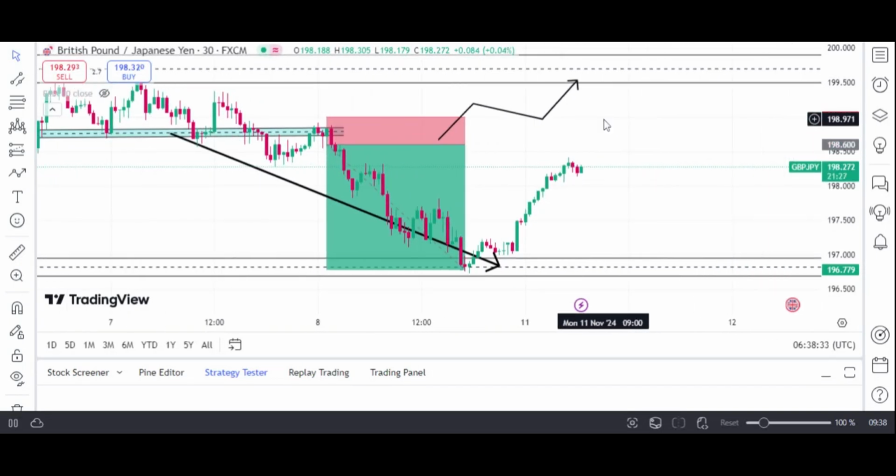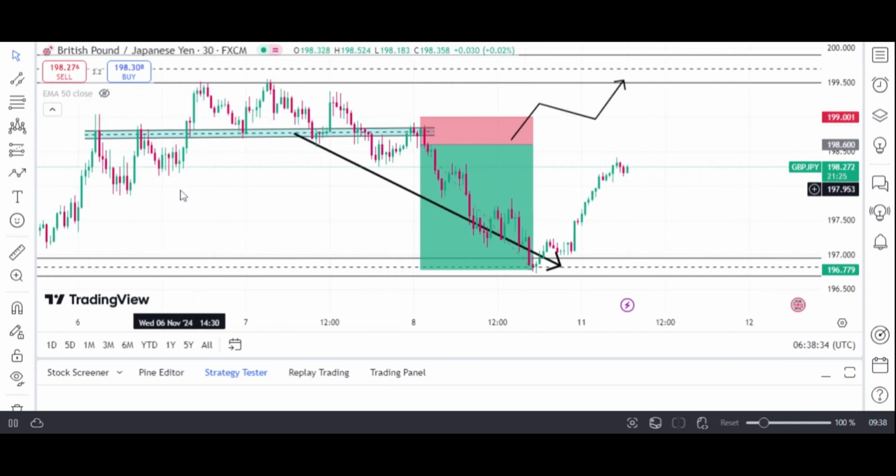So I hope I've done a detailed video about how to enter the market. Ensure the market is at resistance. Ensure you have at least three patterns: you have a double top, you have a head and shoulders, or you have a consolidating market. Then wait for the market to break, come and retest. Some markets will not come and retest, but you have to adjust to know when to enter and when to exit.